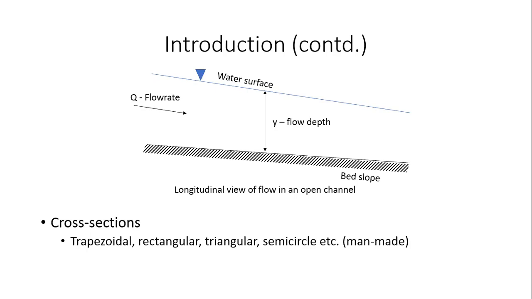So these will be defined so that obviously, since they're man-made, we would like to have a certain defined geometry for the open channel. But in the case of natural channels like rivers and streams, these cross sections may not be regular defined geometries; they may be irregular. Okay, so this is fairly straightforward.